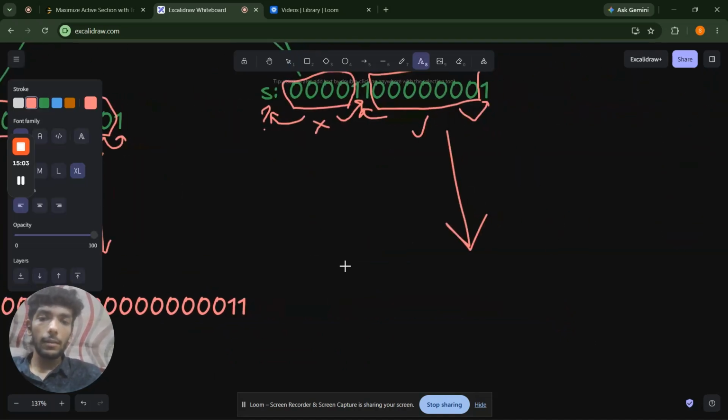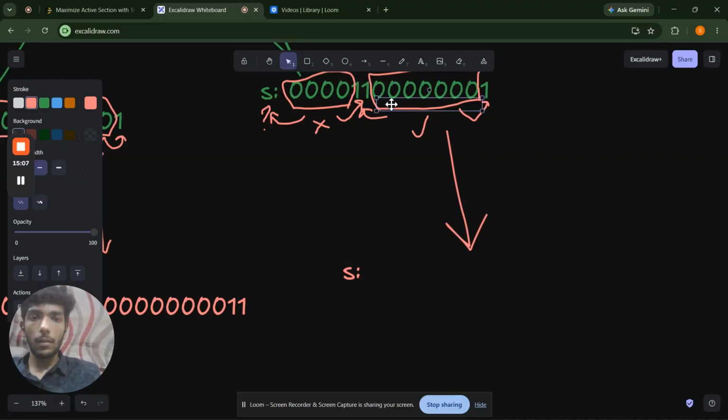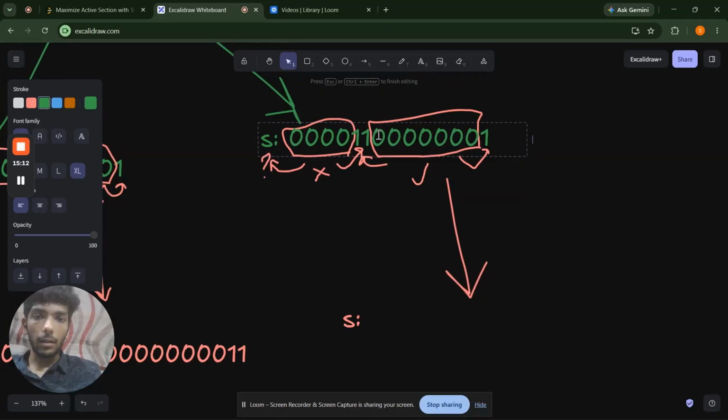Now for this, we are converting this block of zeros to 1. So the part before it will remain as it is.